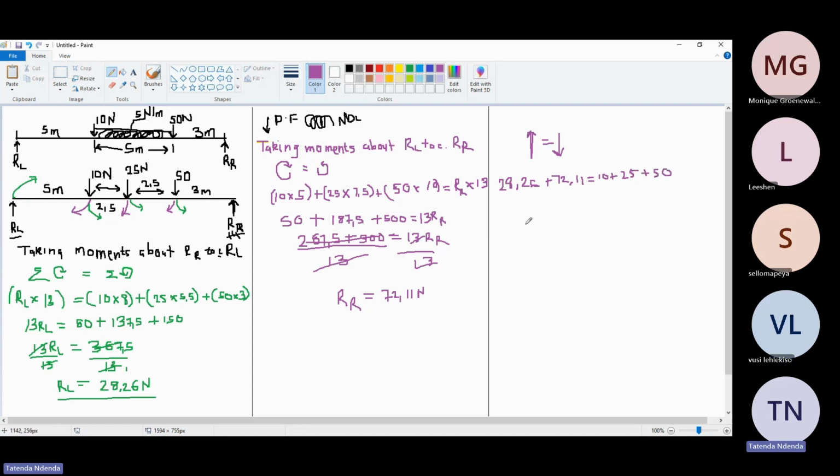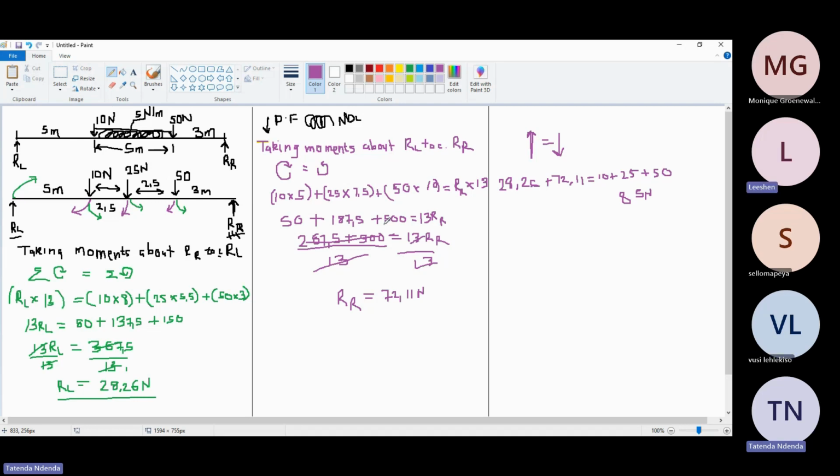How much do you get on this side? 85 here. It's not going to balance. So where did you go wrong? Calculations.